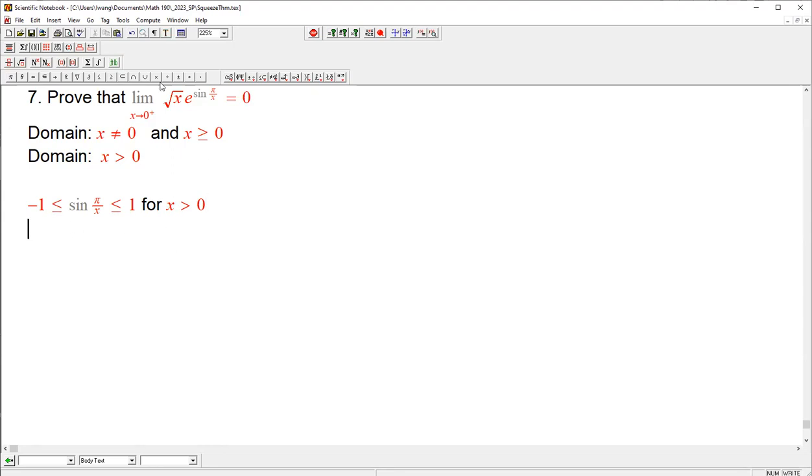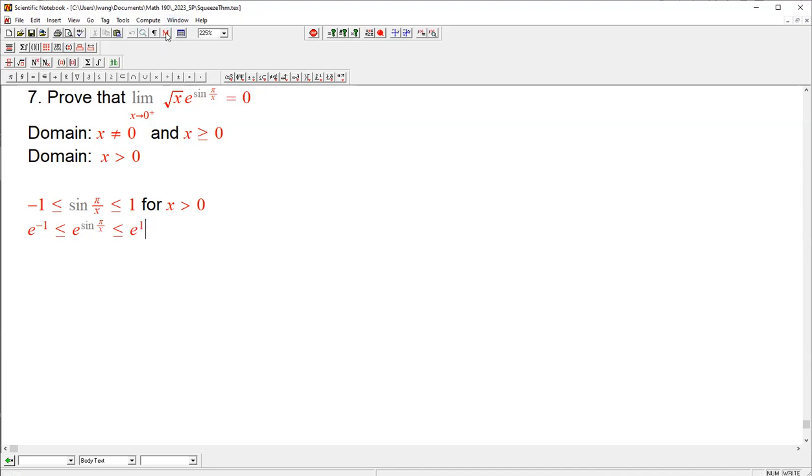Secondly, sine is the power to e, so we're going to apply these as the power. The question is, can we still maintain the same relationship? In other words, if I use this inequality to raise the power, will this still be true? The answer is yes. Why?